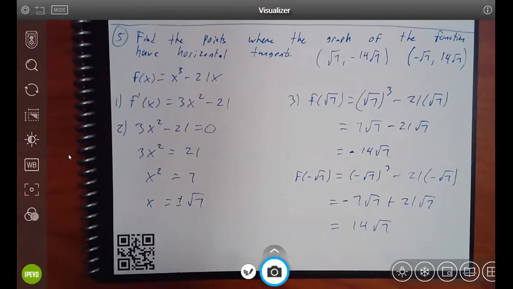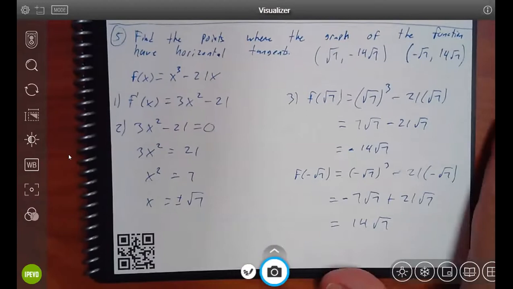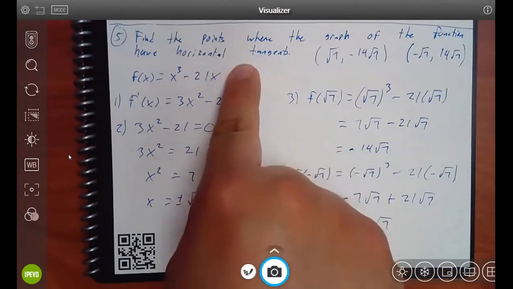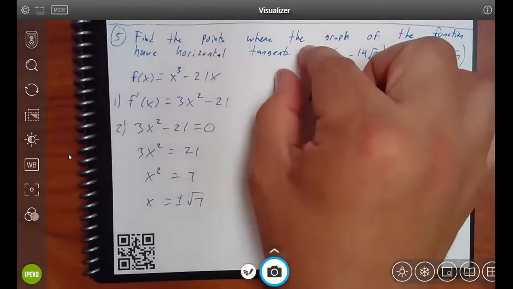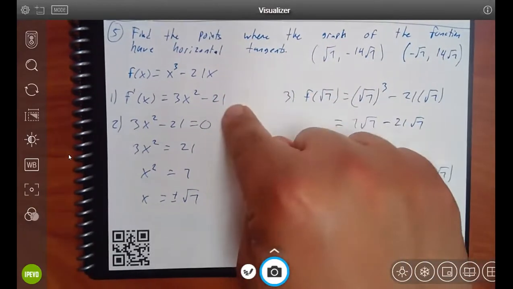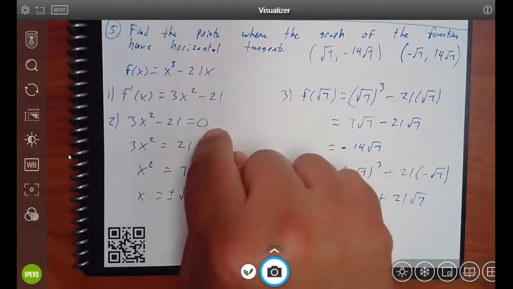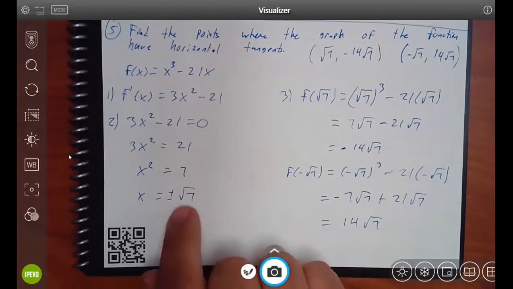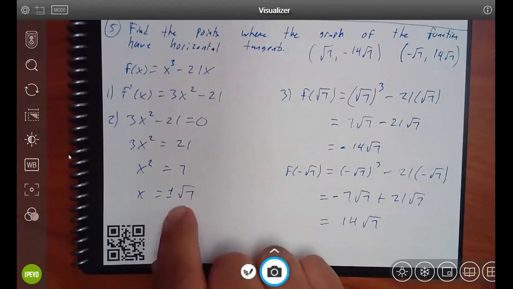Okay. Yeah, well, let's go over it one more time now that it's written down here. Sorry about that. So to find the points where the graph of the function have horizontal tangents, right? You take the function, find the derivative, set it to 0. Solve for x, and you get these two x's in this example, root 7 and negative root 7.